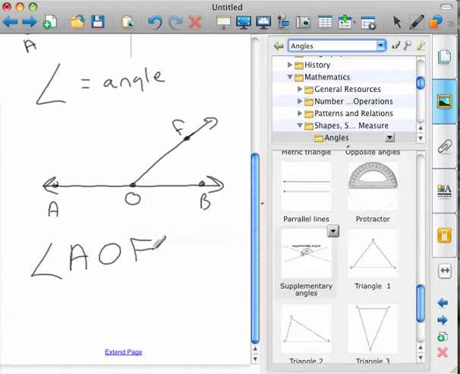Angle AOF would be this angle right there particularly. You could not use angle O in this case because there are just too many angles. There's three angles. You'd have to be specific. Okay, if you're not specific, you're just shooting yourself in the foot there.